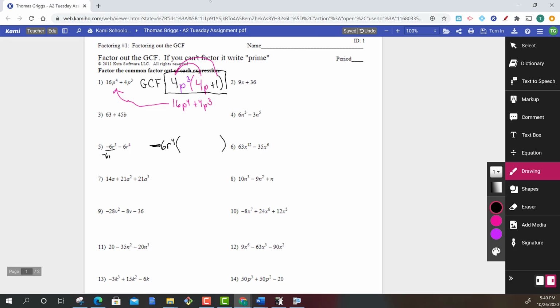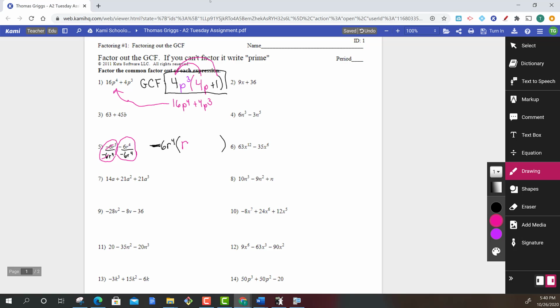So we need to divide the first term and the last term by -6 r to the fourth. So this first term, the -6's are going to cancel. R to the fifth divided by r to the fourth is r. When you divide variables, you subtract the exponents. And then same thing here.